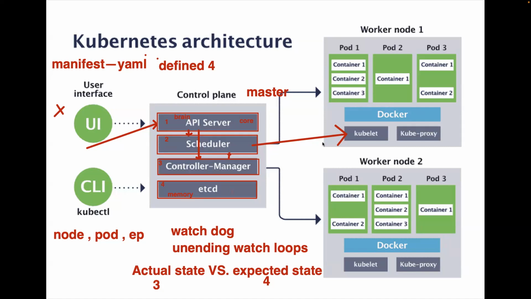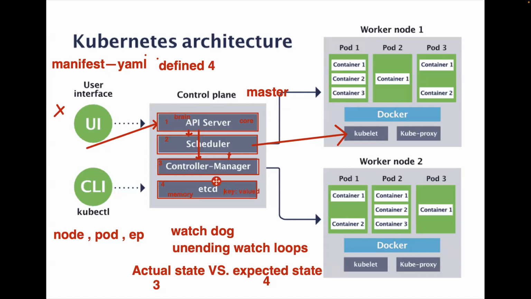Also, the scheduler will decide on which node it should deploy. How does it know the resources available on each worker node? How does it know the health of the worker node? Again, it will get all this information from etcd. etcd is like a memory of the cluster. It will store all the cluster configuration in the form of key-value pairs. Understood?